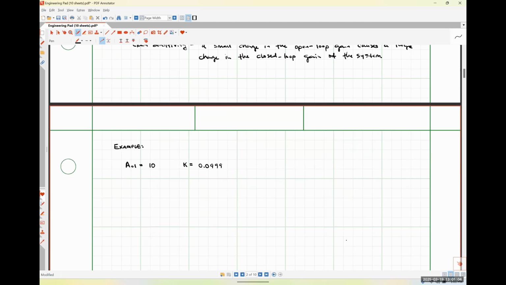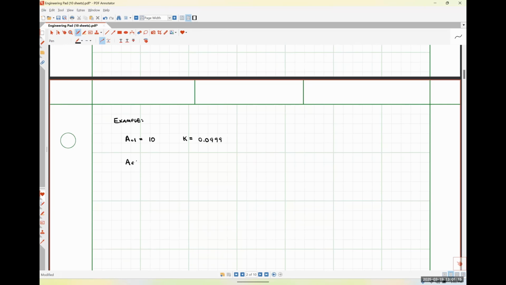So for a system characterized by these two things, an open loop gain of 10 and a feedback factor of K equal to 0.0999, our closed loop gain, ACL, would be, just to remind you, AOL over 1 minus AOL times K. So that's going to be 10 over 1 minus 10 times 0.0999. Somebody throw this into your calculator for me and tell me what you get.